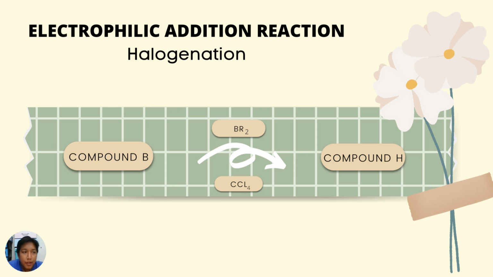When compound B reacts with bromine in CCl4, it gives a non-polar compound H.